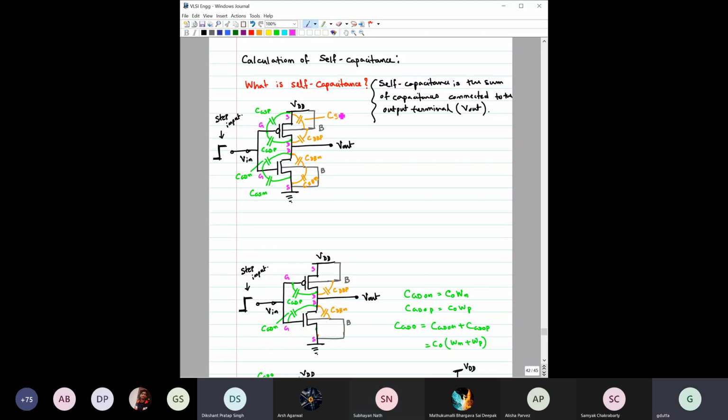Very good, right? Then obviously this port and this node are actually connected, so the capacitance between these two we should also not consider. Isn't it right, Shubhayan? Yes, sir. So in the previous case, why were we considering the drain... can you shift a bit? Yeah, sir, sure.